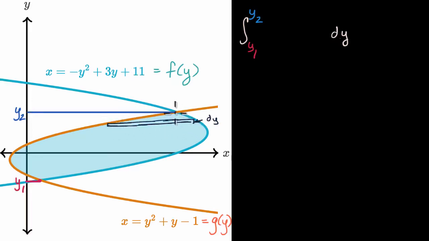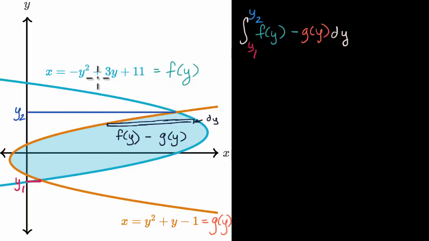Well, over this interval from y1 to y2, our blue function, f of y, takes on larger x values than g of y. So this length right over here, this x value minus this x value, is going to be f of y minus g of y.